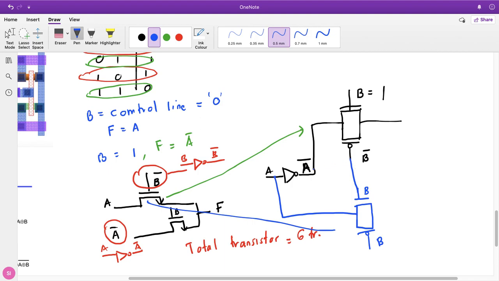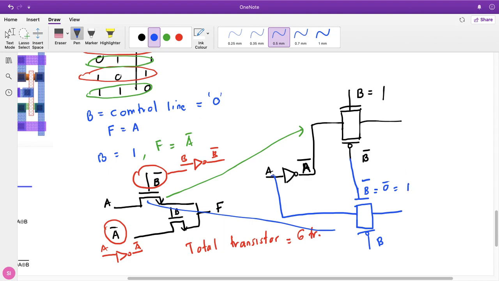However, when B is 0, B bar for the NMOS will turn on the NMOS transistor, meaning that the input is permitted at the output. Here 0, so it becomes 1.